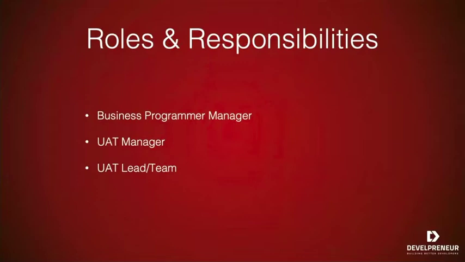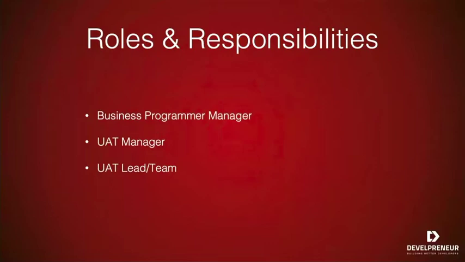Now, I know we briefly talked about who is responsible for testing, but let's take a step back. Since this is a discussion on implementing testing into your development life cycle, let's look at the different roles and responsibilities that will play out throughout the process of UAT. So here we have the three different roles.